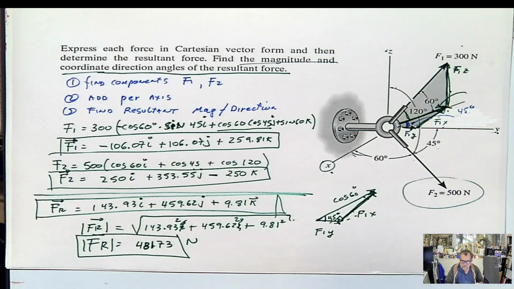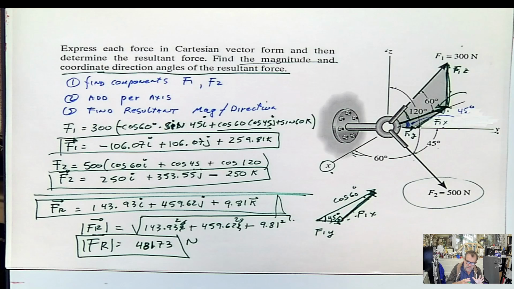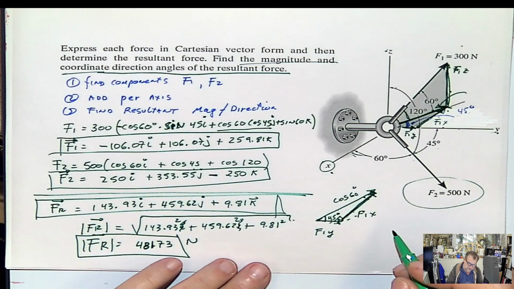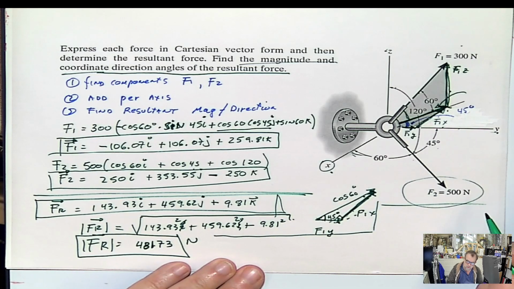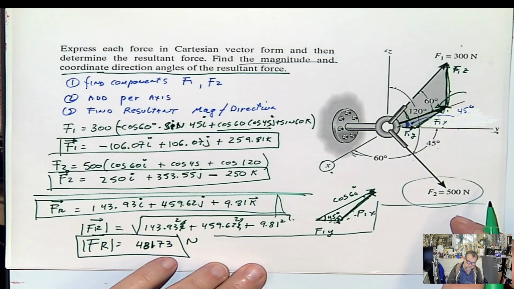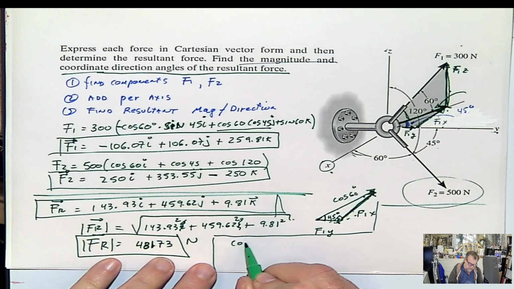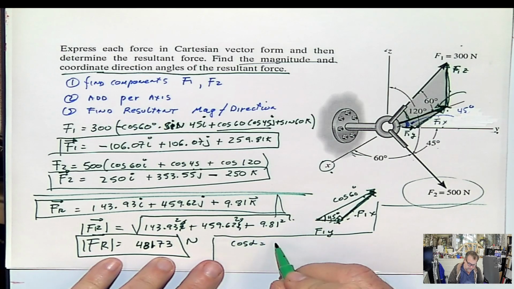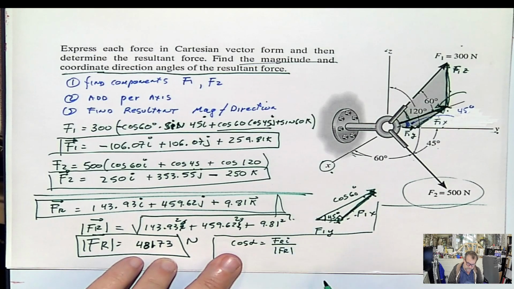Because these three angles, alpha, beta, and gamma, form basically a box, we can say, and check the lecture on direction cosines, that cosine alpha is just the i component divided by the magnitude of the resultant force.